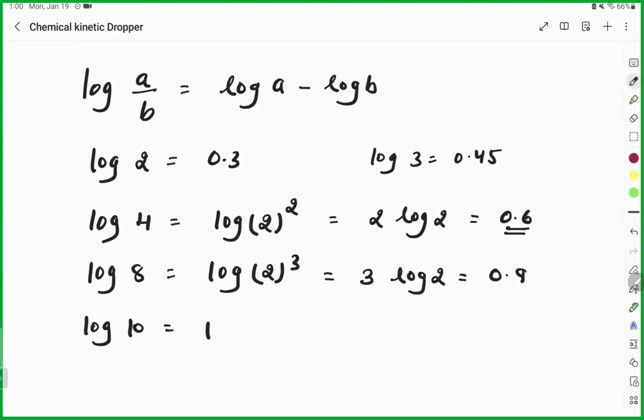This only. If you calculate log 5 value, it may be properly around 0.7. Correct? Around 0.7.